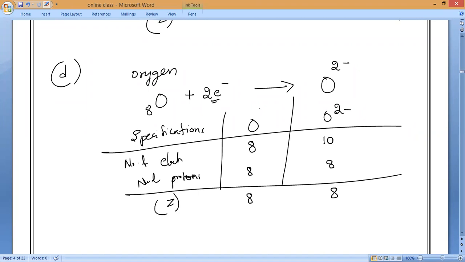So that is why we consider atomic number as the number of protons. Have you understood, everybody? Danishkar, Rohit, Sanjay. Yes, sir. So you have to remember that atomic number is only the number of protons.